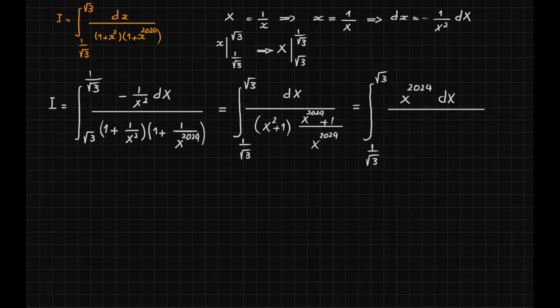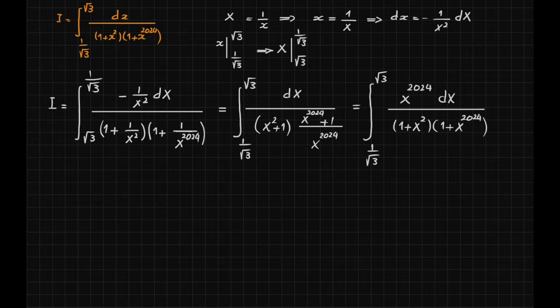If you don't mind, instead of writing X squared plus 1, I just write 1 plus X squared, and I do the same thing in the second factor. Because this has gone to the numerator, this is left. I flip it to write it very similar to the original form of the integral.